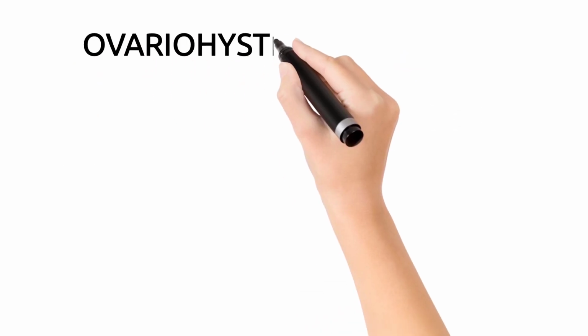Now let's try to analyze some medical terms using these guidelines. The medical term I have here is the word ovariohysterectomy. Let's follow the guidelines that I already mentioned in order to understand this word. The first guideline says break it down. So we'll break this down into its component parts.